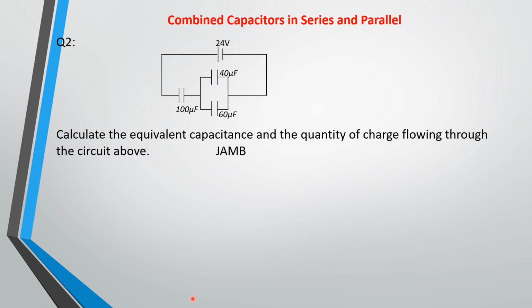So first let's find the combined capacitance for the 40 and the 60 microfarad capacitors, which are in parallel. Their combined capacitance is equal to the sum of the individual capacitors, so it will be 40 plus 60, that gives you 100 microfarad.